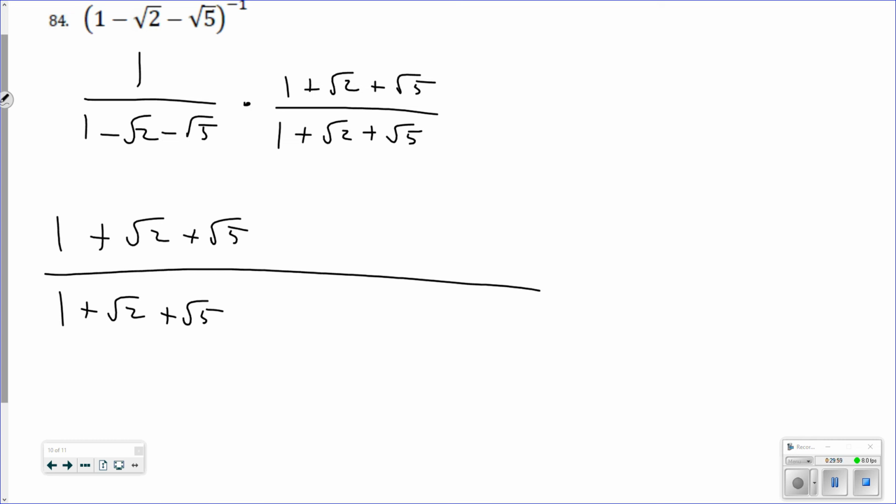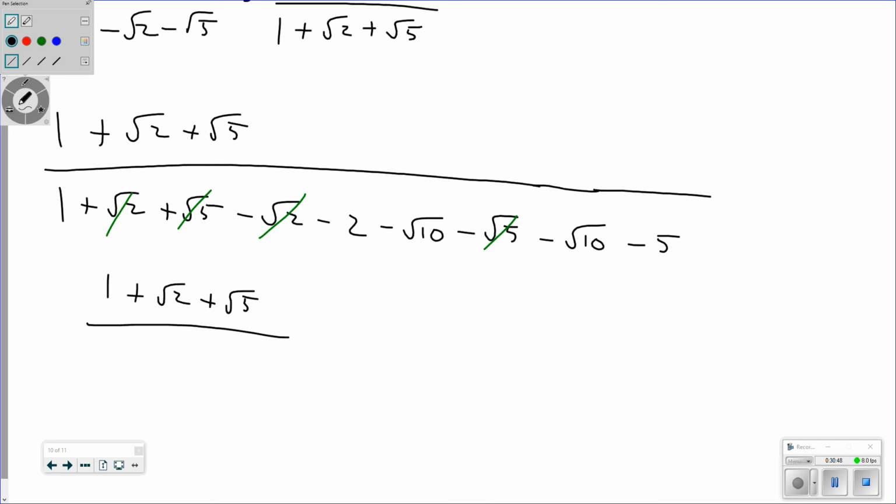Can you just get negative 6? What? In the bottom? Because we have two negative root 10s. These add up, and then 1 minus 5 is negative 4. Wait, so the top is 1 plus root 2 plus root 5. The bottom, we have 1 minus 2 is negative 1, minus 5 is negative 6, minus 2 root 10.